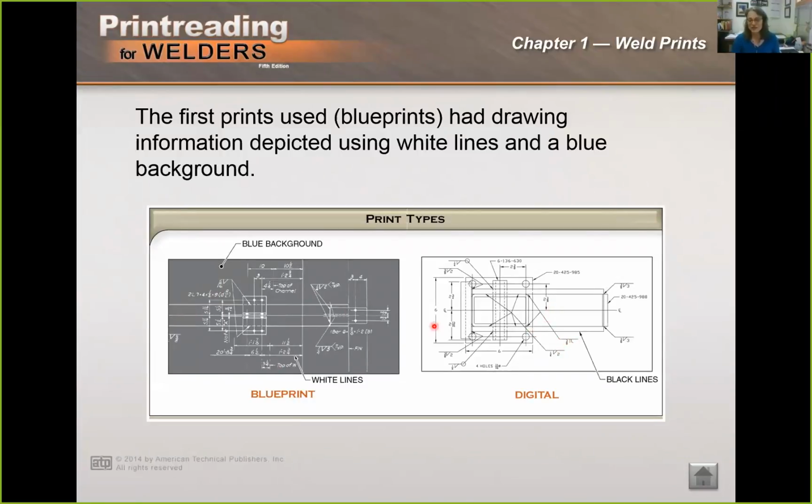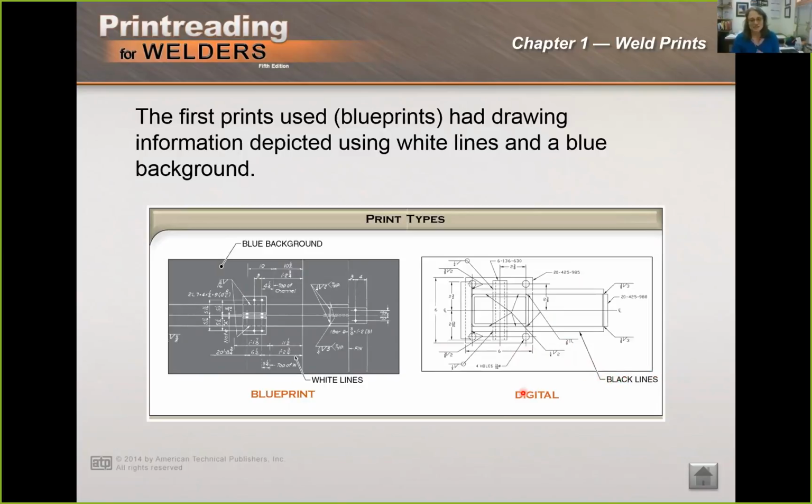Today, our prints look more like this digital image. They are white backgrounds with black lines. They're produced much the same way that we print paper letters on a laser printer. If it's a manual drawing, a hard copy, we can scan it in and then print a photocopy, essentially.